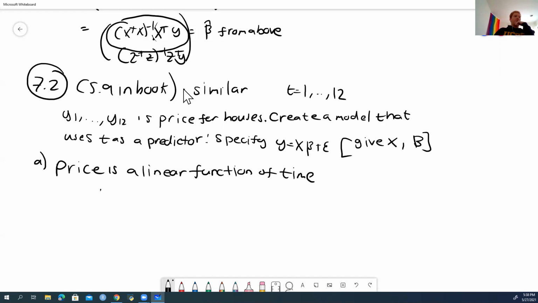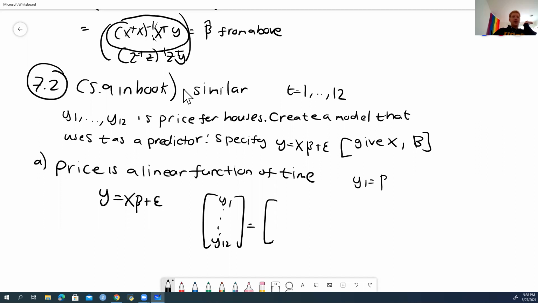So if they said price is a linear function of time, you'd say, okay, well, y is equal to x beta plus epsilon. We'd say that y is still the same. So y1 through y12 would be equal to x. In this case, y1 would be beta naught plus beta 1 times 1. This is time, t.